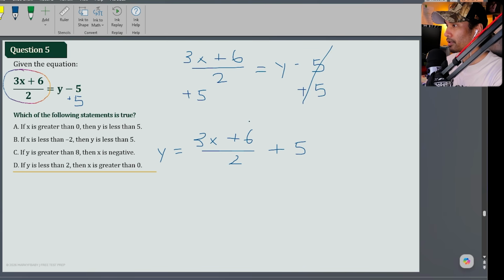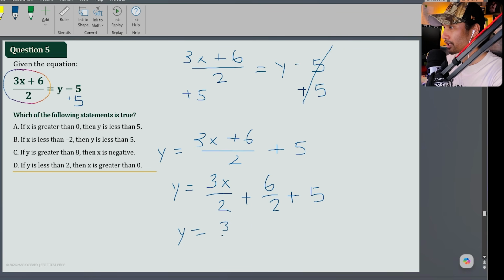Now, what I'm going to do is simplify further because this right here could be written like this. y is equal to 3x divided by 2 plus 6 divided by 2 plus 5. And that gives me y equals 3 over 2 x plus 3, because 6 divided by 2 is 3, and then plus 5.